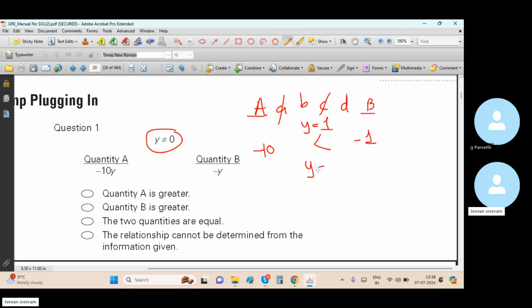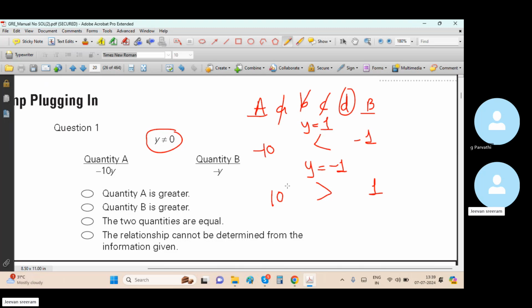For some values of y A is greater, for some other values of y B is greater, what can you say about it? Cannot be. You are going to eliminate B also, and the answer is D. Clear? So the student should be able to get the right thought.